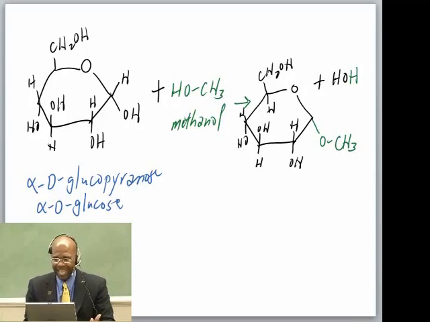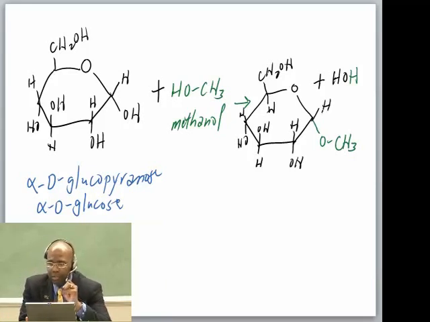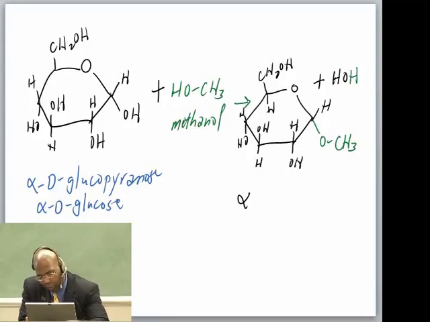We just have to name this compound that we formed. Okay. Can anyone name this product? Almost. She said her answer was alpha D glucoside, and that's almost right, but we missed something. Alpha D methyl glucoside.